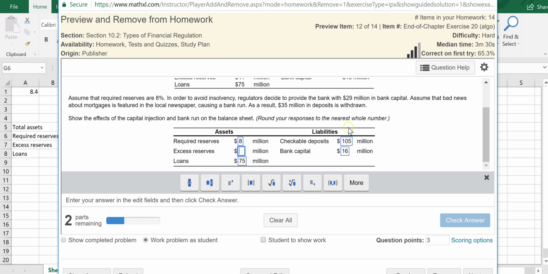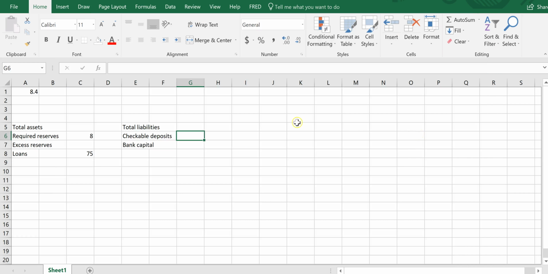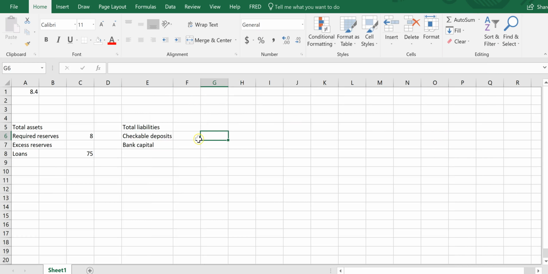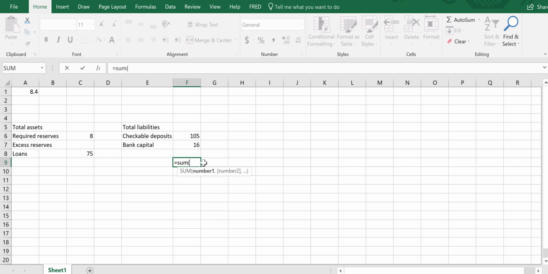So this is the checkable deposits, here is 105, and bank capital 16. So the total, which should be the sum of the checkable deposits and bank capital on the right hand side, gives me 121.